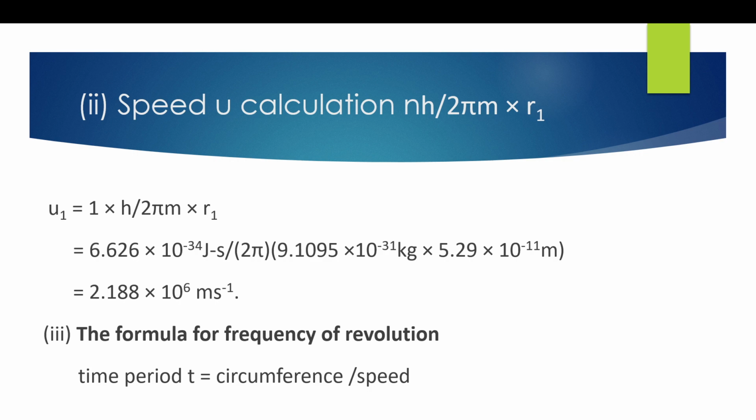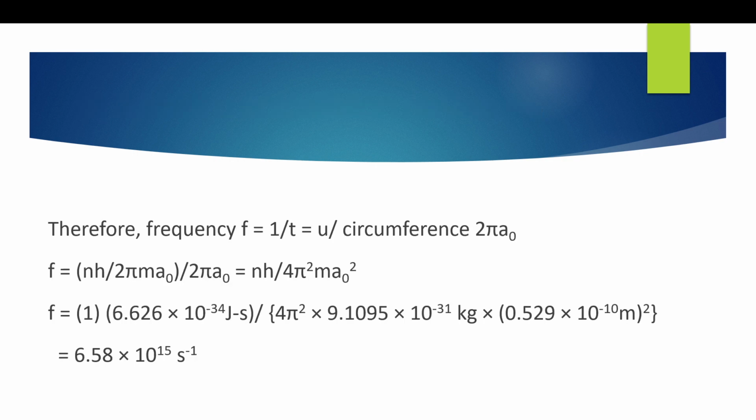Third part, the formula for frequency of revolution. As we know, time period t equal to circumference divided by speed. Therefore, frequency equal to 1 over time equal to u over 2 pi a0.